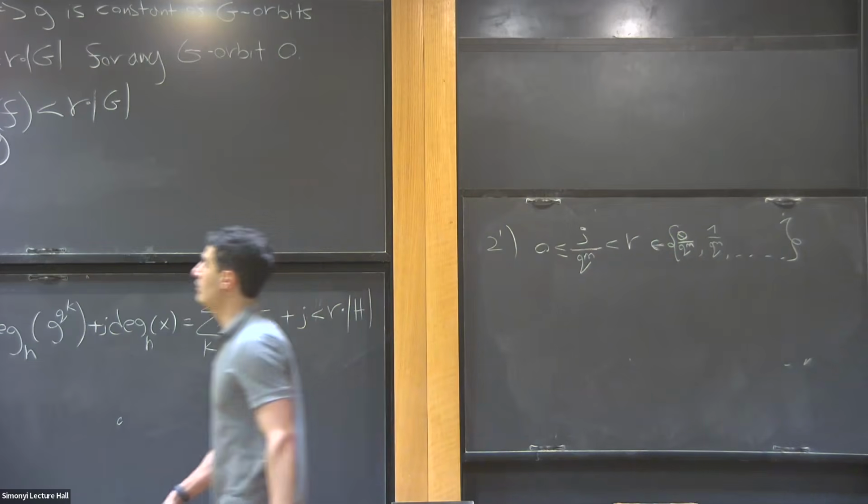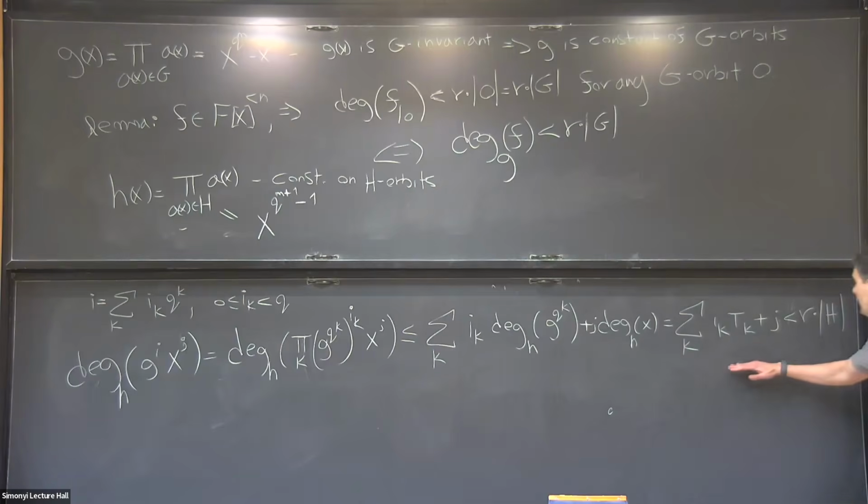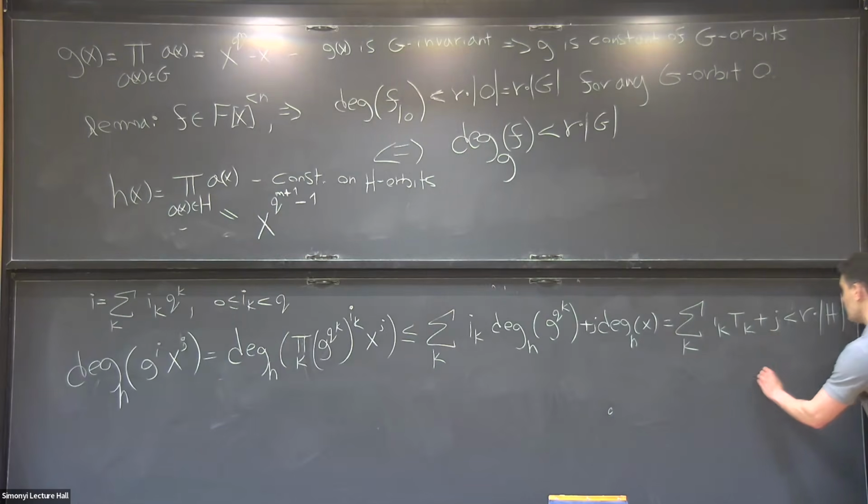Okay, and now this constraint. What is the right-hand side? It equals R times Q to the M plus 1.